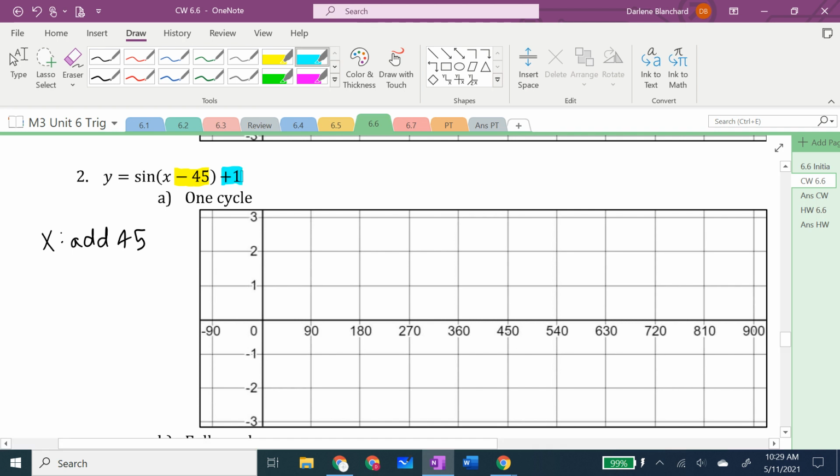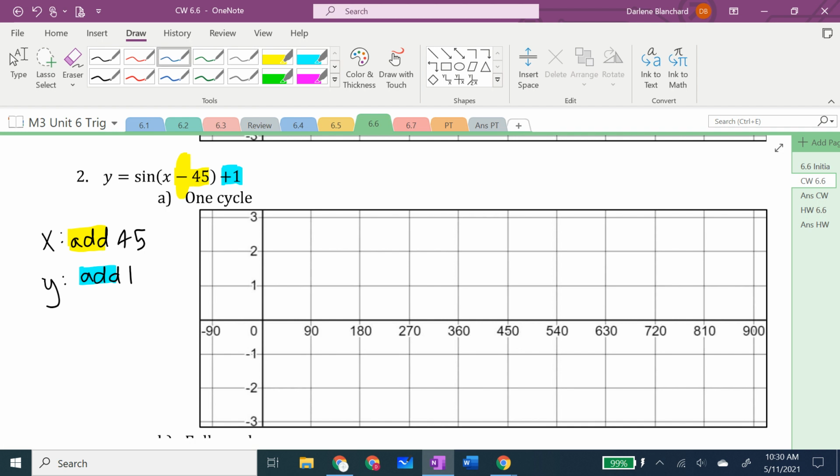When I see plus 1 outside the function, I'm going to do that operation to the y's. So again, with the x, it's the opposite operation that you see. You see subtraction, so you're going to add. When it's outside the function, you do the same operation that you see.